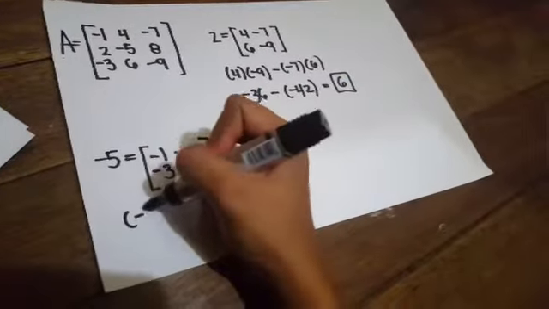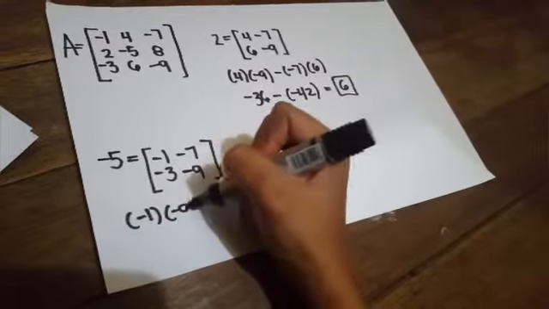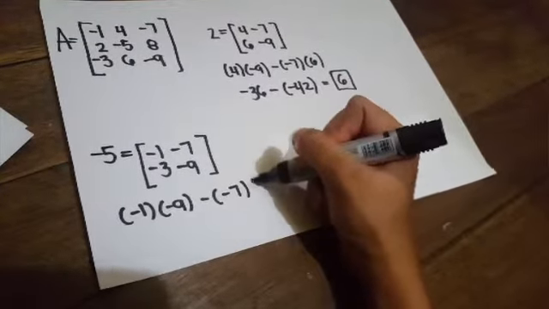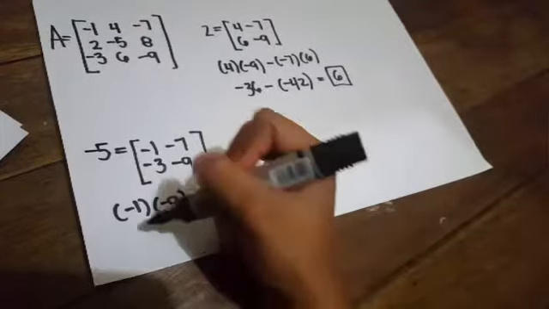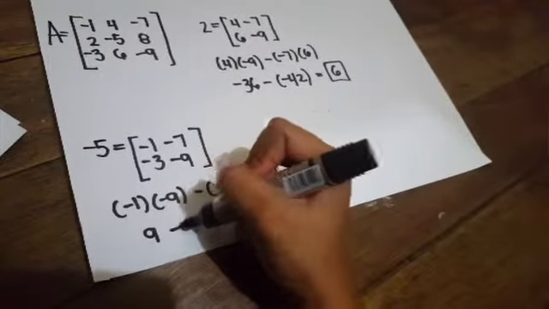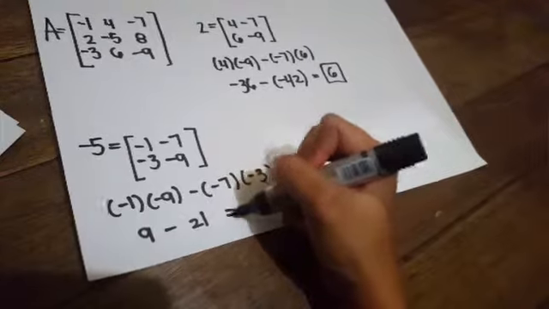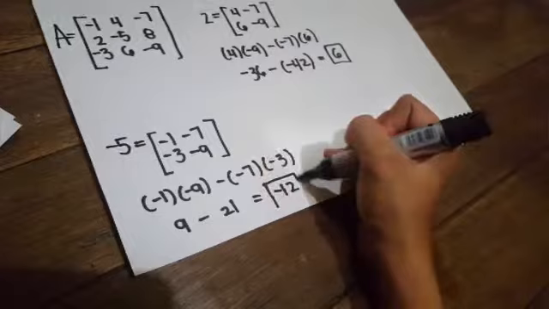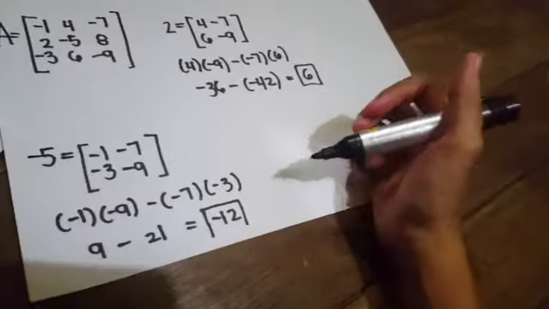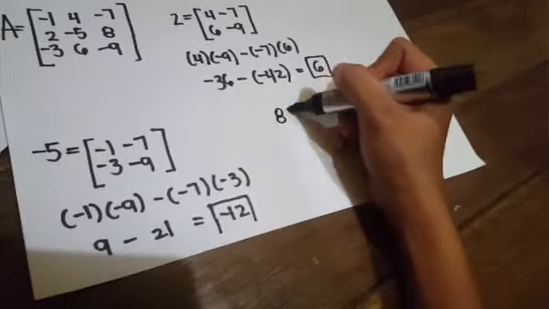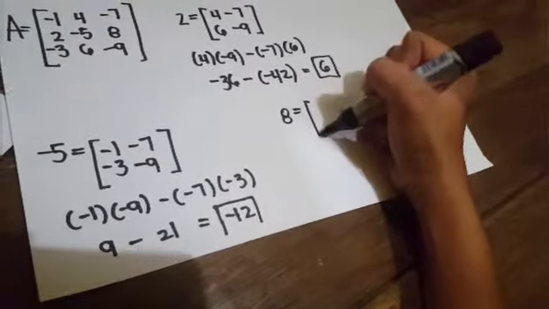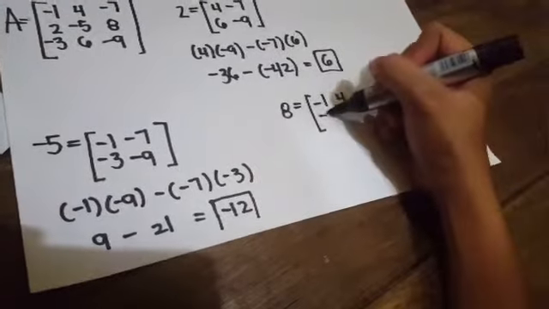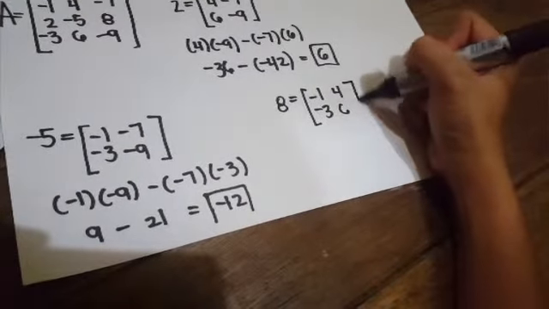Cross multiply: -1 times -9 minus -7 times -3. +9 minus +21 equals -12. For 8, the remaining entries are -1, 4, -3, 6.